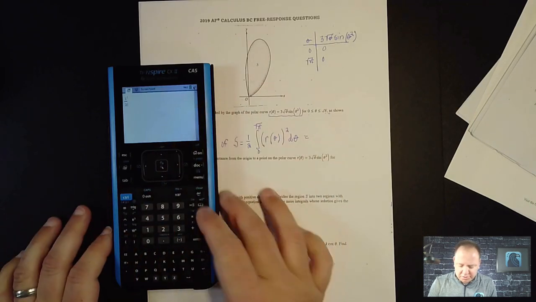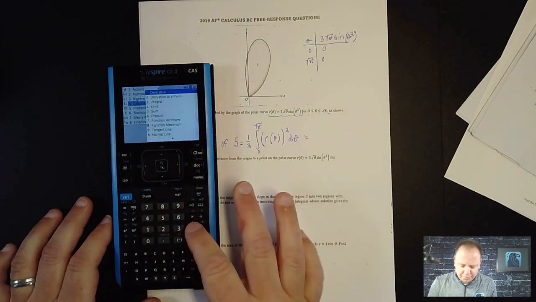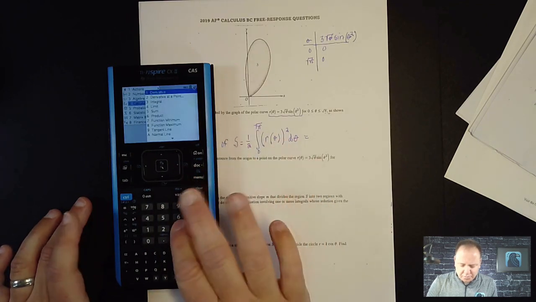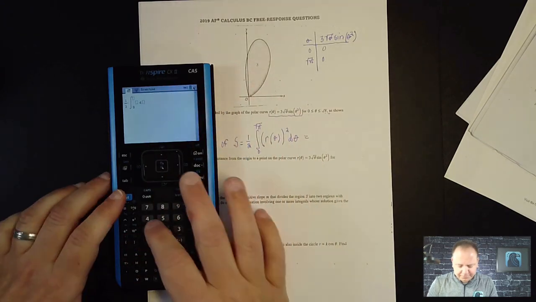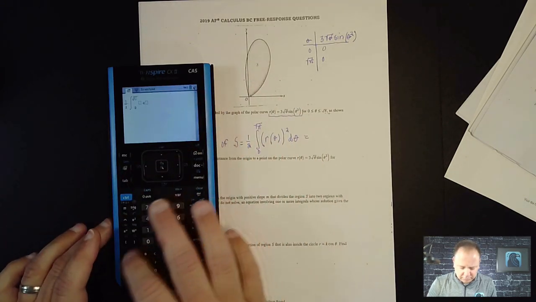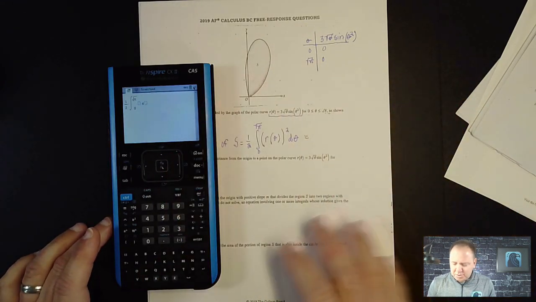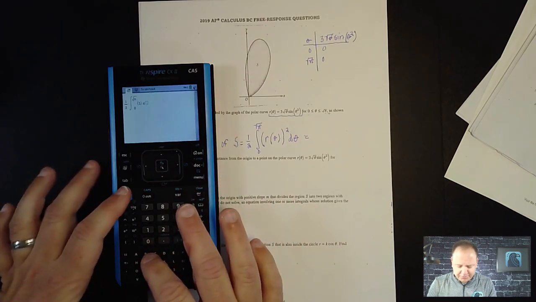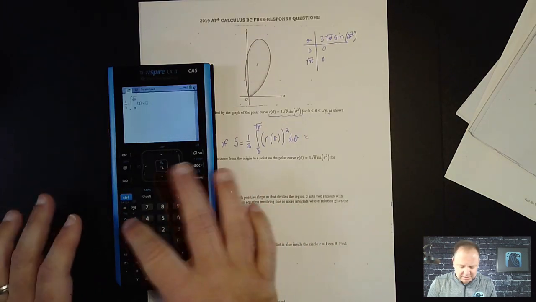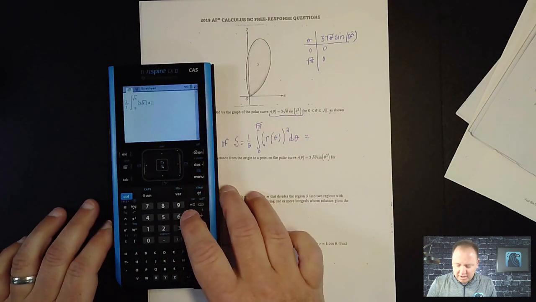So 1 over 2 times the integral from 0, be careful, to root pi. And just plug this in a parenthesis, and we're going to square it. So that's 3 square root of x. I always use x. Now be careful, this is the flaw again.